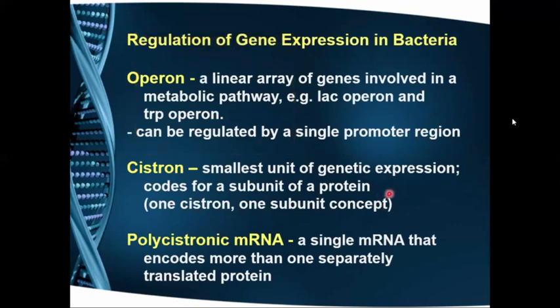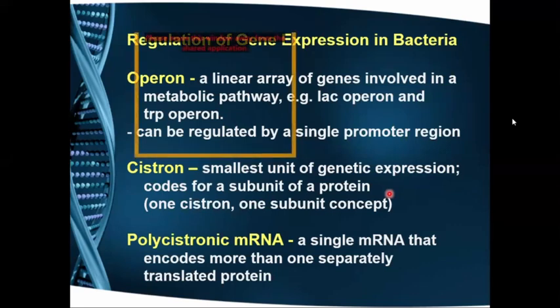And what is an oligomeric protein? A protein with two or more polypeptide chains, two or more subunits. Polycistronic messenger RNA is a single messenger RNA that encodes more than one separately translated protein. Okay? So you have only one messenger RNA, but within the single mRNA, you have several cistrons.